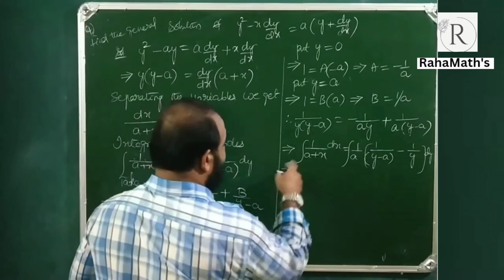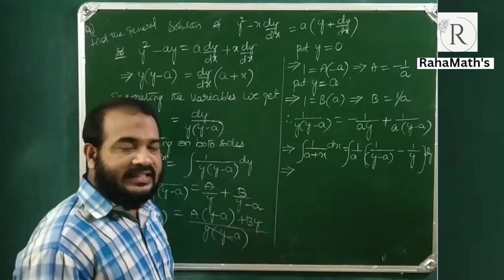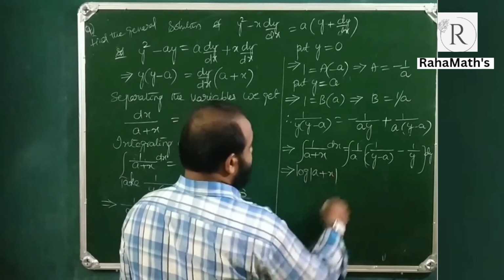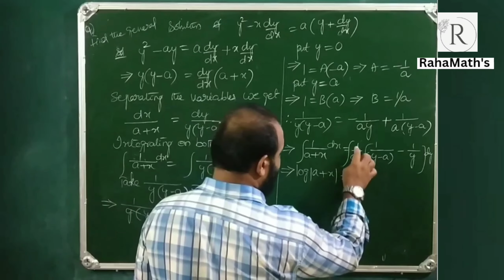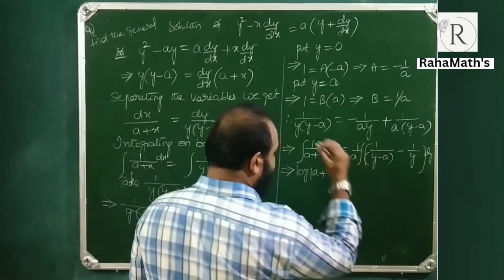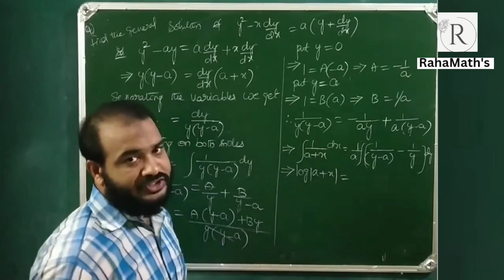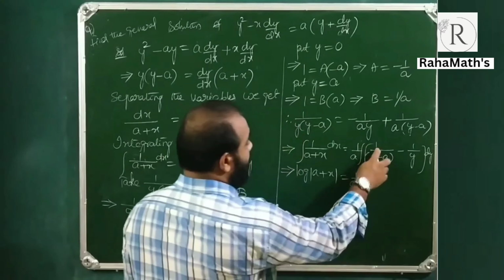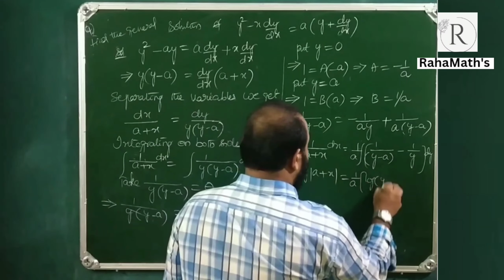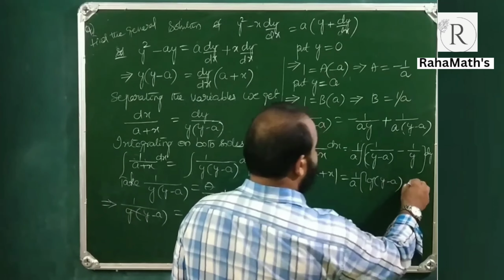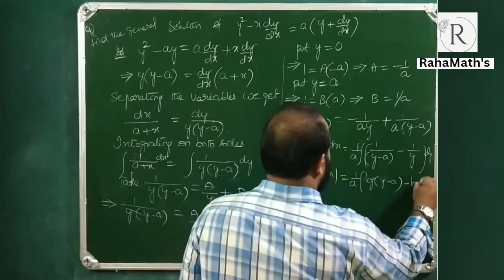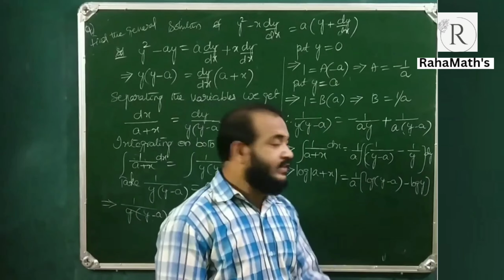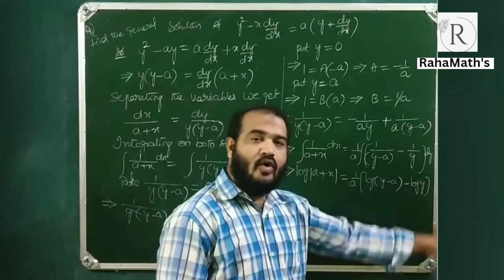Now what is the integral of 1 by a plus x dx? This is log modulus of a plus x. Then 1 by a, since it is a constant, we take it outside the integration, into log mod y minus a minus log mod y, because integral 1 by x dx is log mod x, and integral 1 by y dy is log mod y.